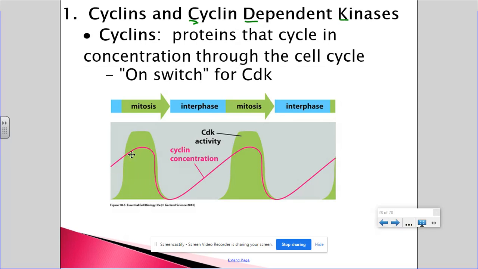As the concentration rises, as a cell is synthesizing more cyclin, that's going to trigger mitosis. At the end of mitosis, you notice how it drops off sharply? Well, mitosis is also ending. So that must be what causes the mitosis to end. And then as we go through interphase, cyclin concentration rises again, go through mitosis, and so on.